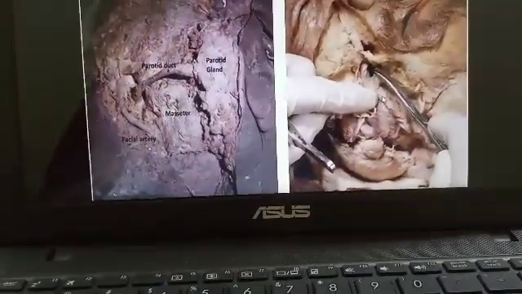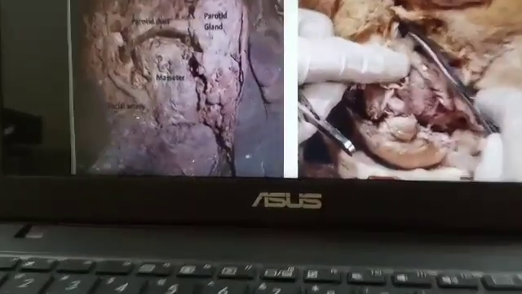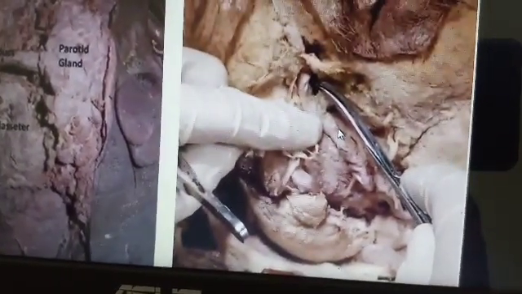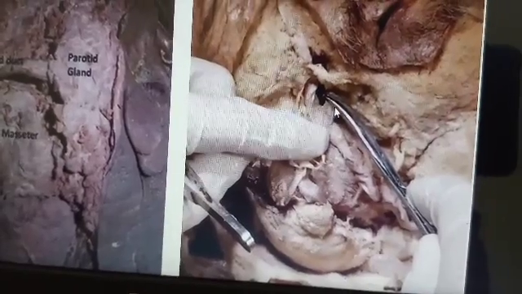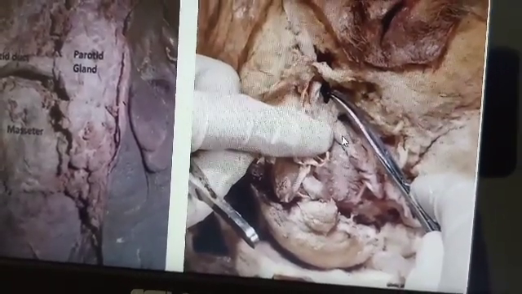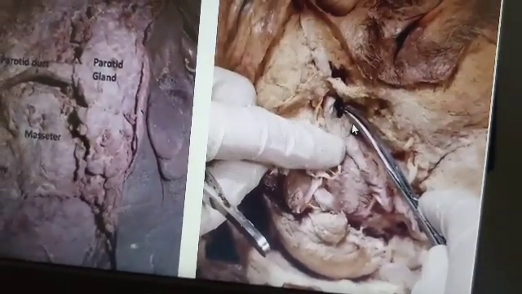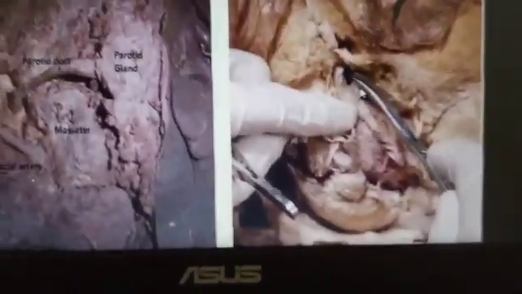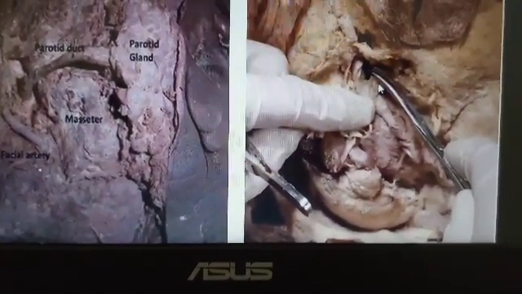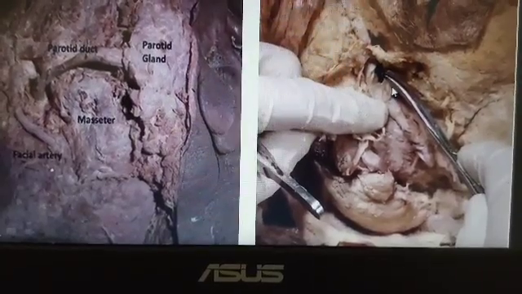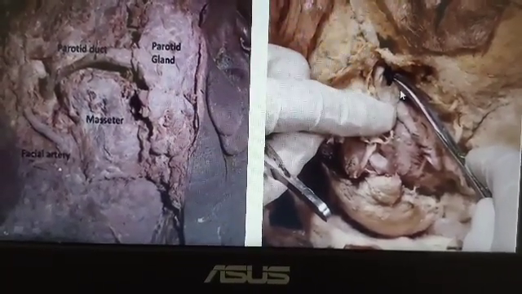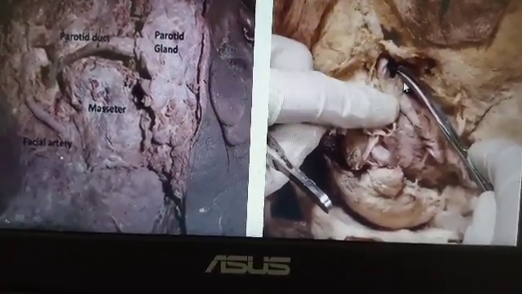In this dissection, you can see that the parotid duct pierces the buccinator muscle, and finally it opens into the vestibule of the mouth just above the papilla over the upper second molar tooth.